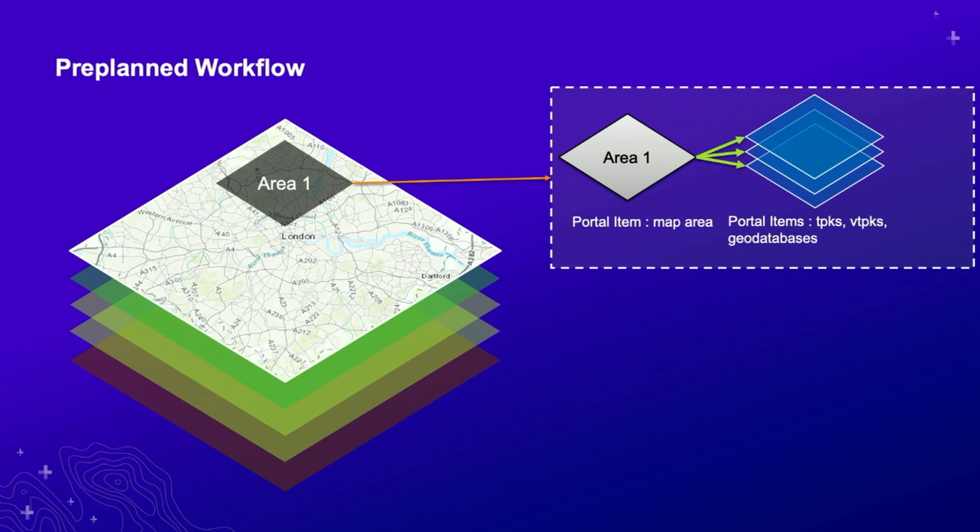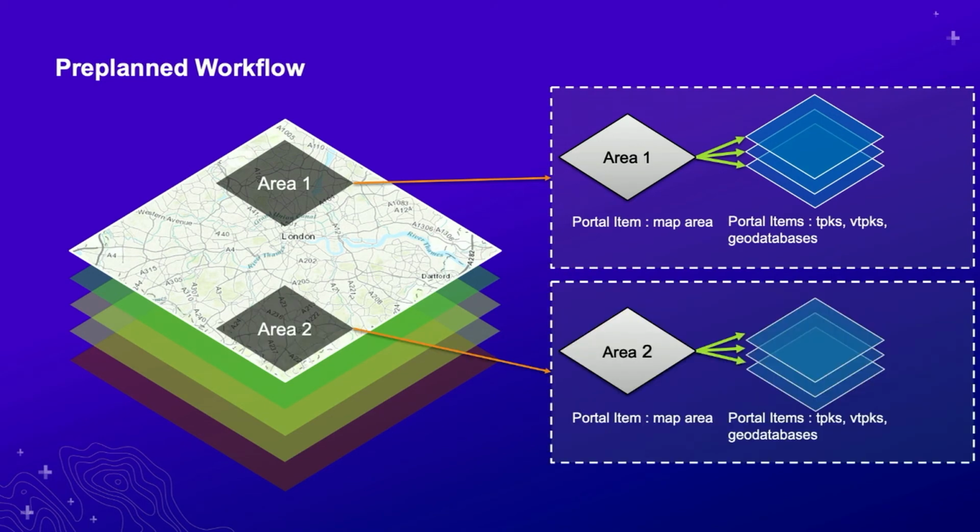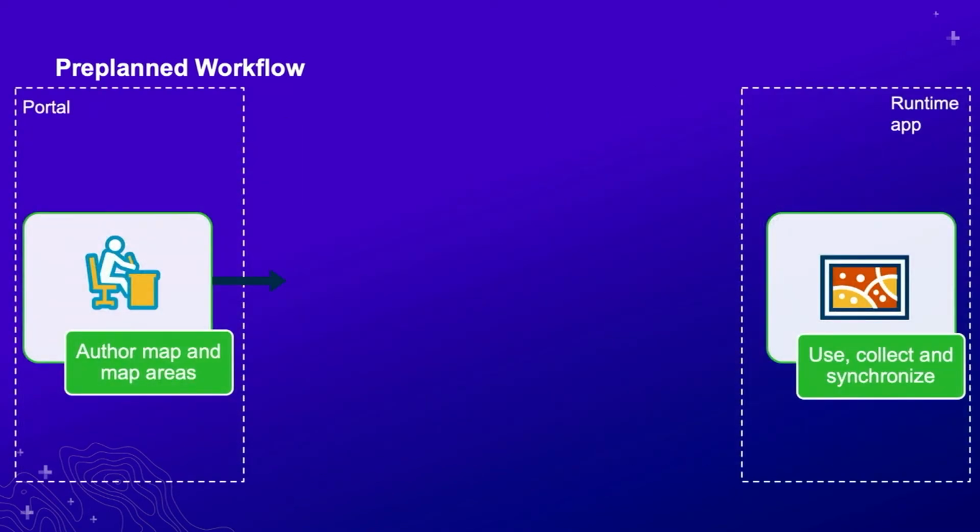Here's an example of a second area with its own set of portal items. So how does this work? On the portal, the author of the map creates the map and then defines the map areas. Within the runtime application, the user gets to choose from the available map areas.